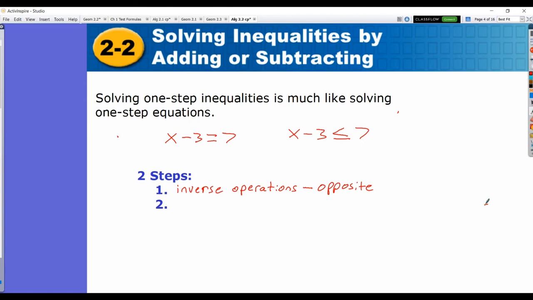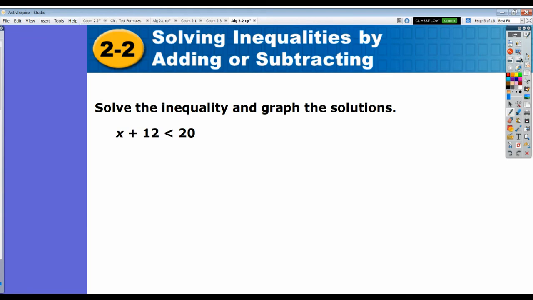Second step, you guys love this one. Rule of cow. Okay, so same thing in chapter 1. What we're going to do to one side of the equation, we're going to do the same thing to the other side of the equation. All right, so it's the same steps, and then we'll talk about what we're going to do with this little inequality symbol.